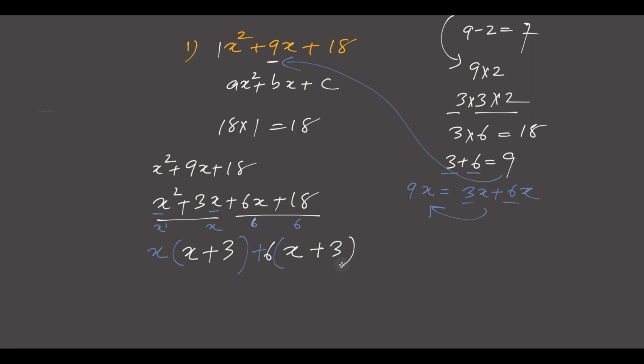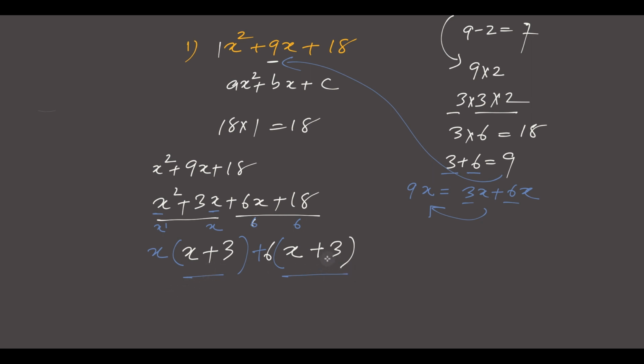And how can we see whether we are going in the right direction or a wrong direction? These two brackets, whatever content they have, should be the same. Can you see x plus 3, x plus 3? Then we are moving in the right direction.